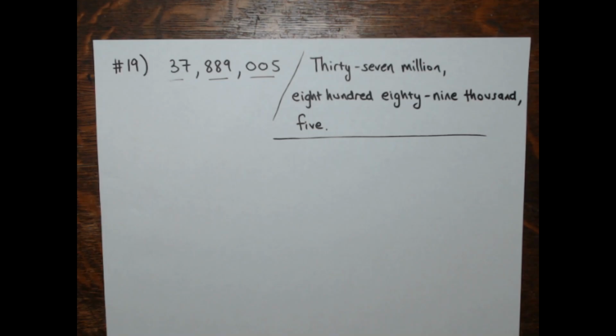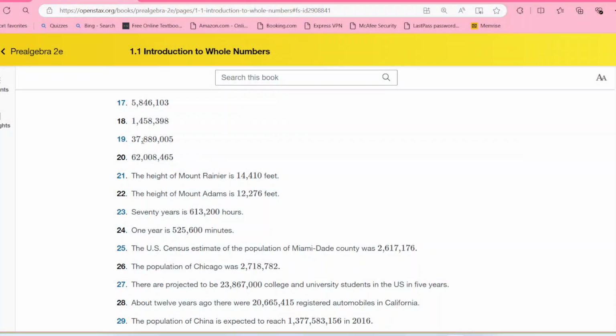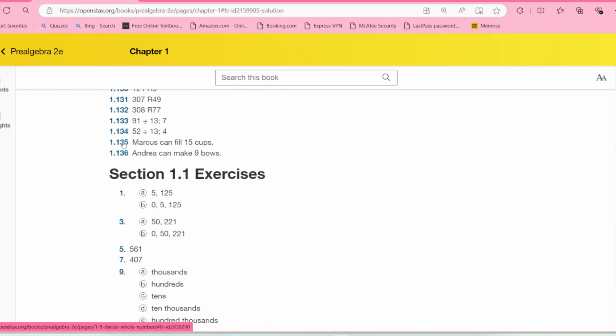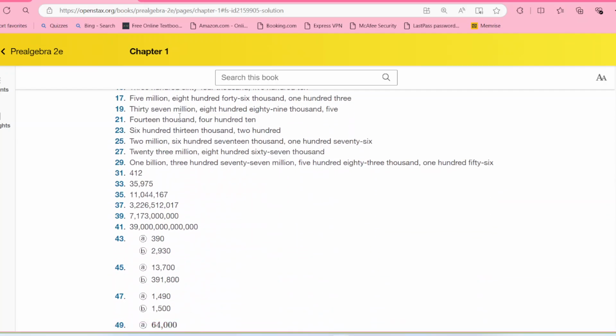Once again, it's an odd numbered problem. Might as well check it. 37,889,005. And technically they should have the hyphen. No, they have the hyphen everywhere else. This 37 should be hyphenated. Okay.